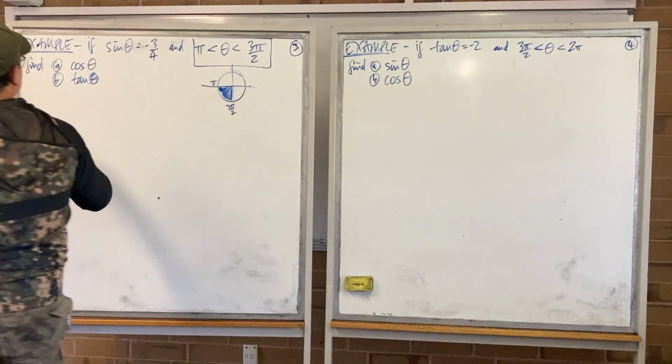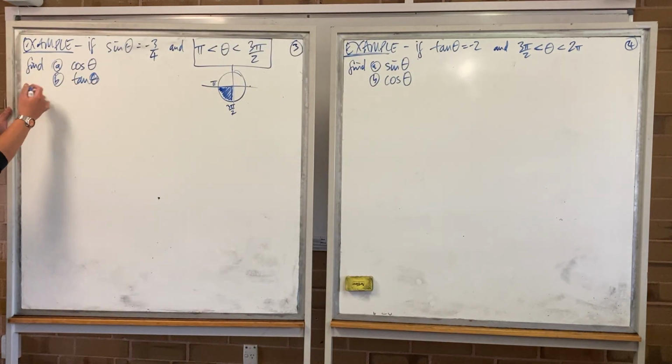So now let's find cos theta. What's a tool that we could use right now out of those two identities that we had just before? Which one involves sine theta and cos theta most directly?